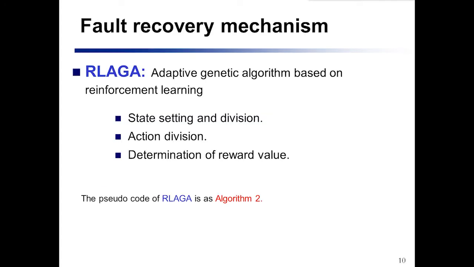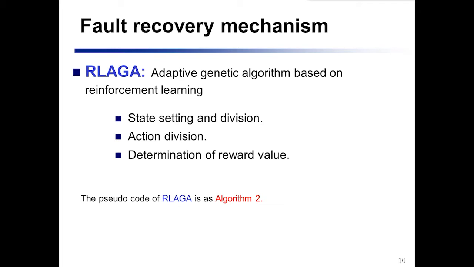The fault recovery module consists of two parts: fault recovery library and evolutionary algorithm. We preset some circuit configuration chromosome in the fault configuration library, whose faults are known.